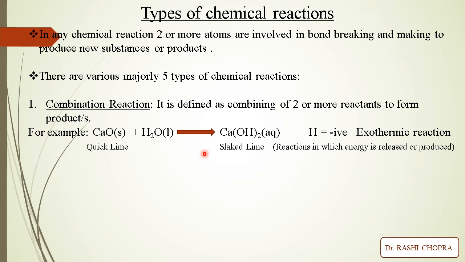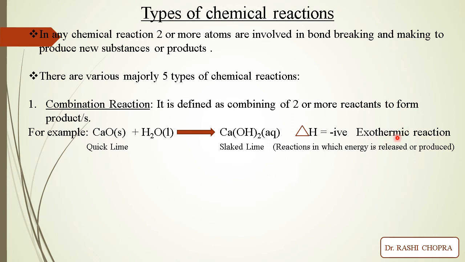Now another very important thing is enthalpy, which we will do in the higher classes, but some amount of heat is actually released when such combination reactions take place. So whenever a combination reaction takes place, some amount of heat is always released, and whenever the energy or heat is released, we say that it is an exothermic reaction.